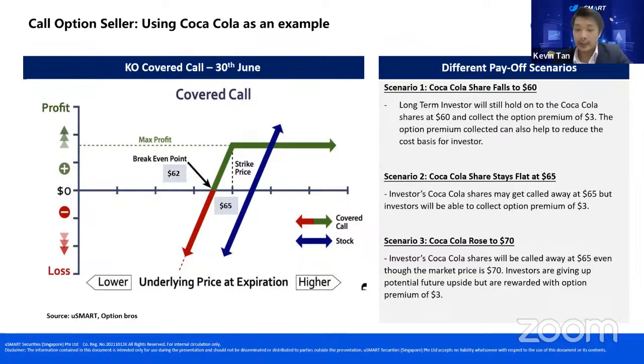That's why covered call usually works better in a sideways market. Because if, let's say, you are extremely bullish on a stock, assuming Tesla, which is extremely volatile and can rise very quickly, covered call will mean that you'll be giving up too much upside potential, and you may be better off just holding on to the stock.